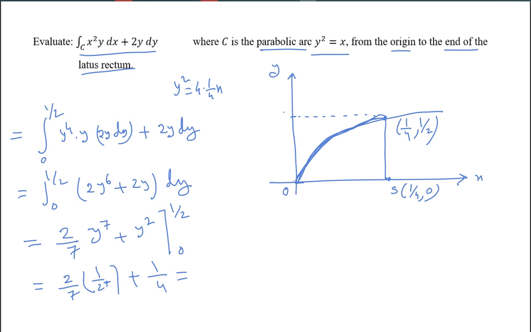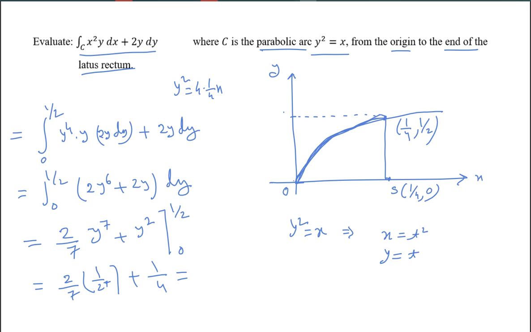Another thing you can do is take parametric form. You see, y square is equal to x. How can we represent it in parametric form? I don't want to remember the standard parametric form, so I simply write here y is equal to t. Okay, so x is equal to t square.